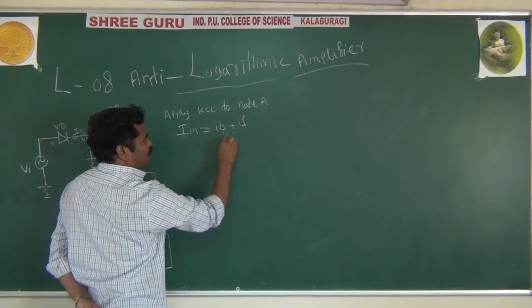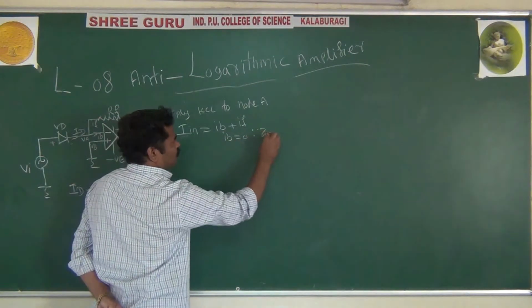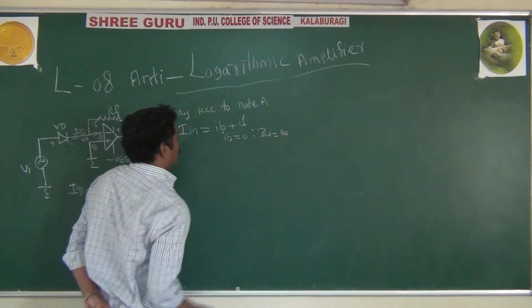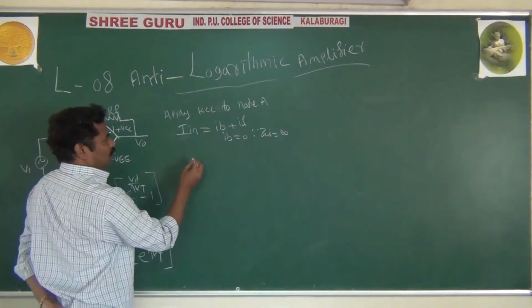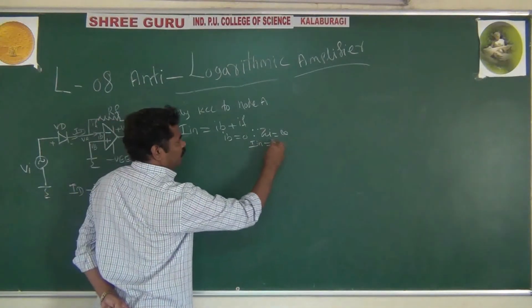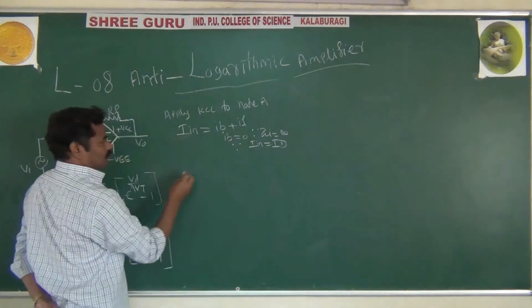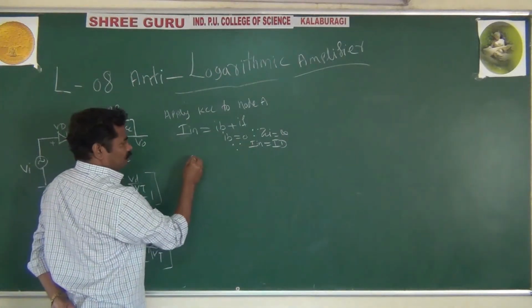Here IB is 0 because the input impedance is infinity. And in place of IN we can write ID. So ID equals IF.